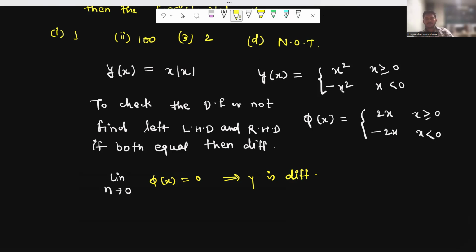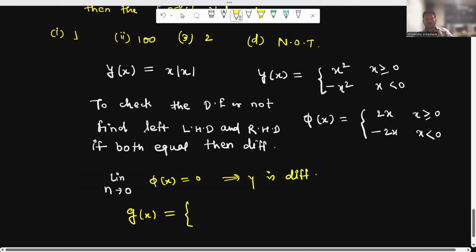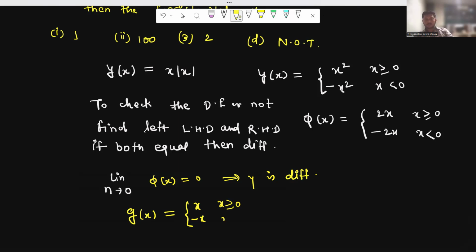And second thing is here phi x is already given. Now move on to the next derivative. So when you go for the next derivative, you get this type of function. So x and minus x, where x is greater or equal to 0 and x is less than 0. So here you see that RHL is not equal to LHL. Okay.